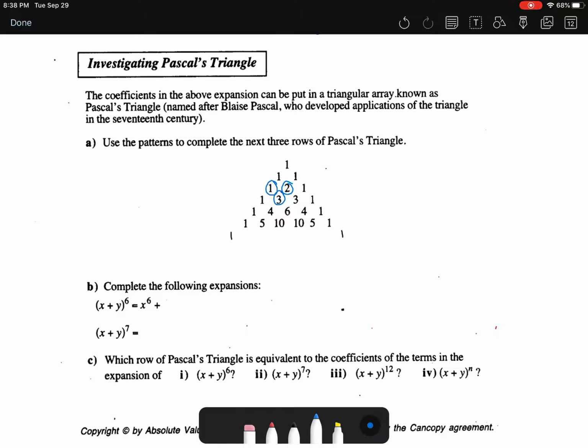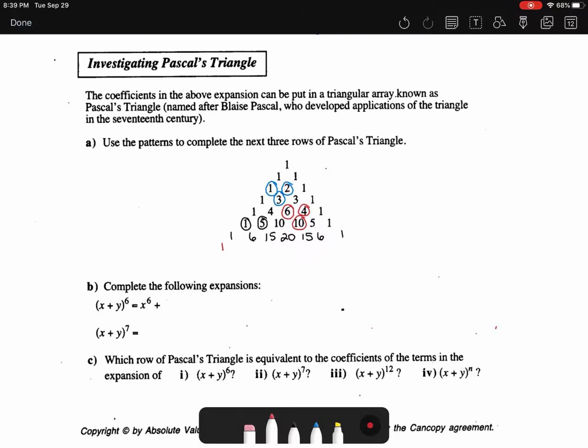So that 2 and 1 give me a 3, or for example, this 6 and this 4 will give me this 10. So if I follow that pattern, in the next row I will have a 6 here, by adding this 1 and this 5. Then 15, 20, 15, 6, and 1.